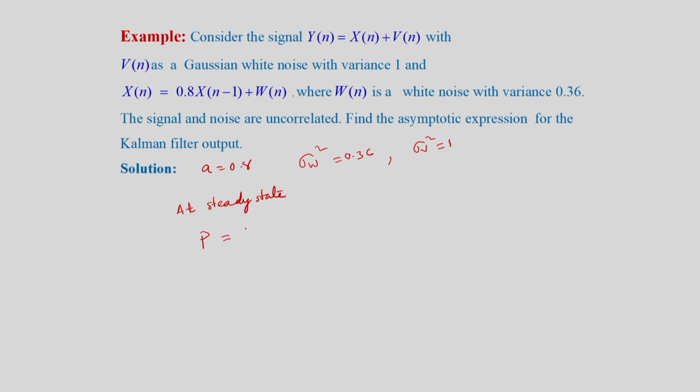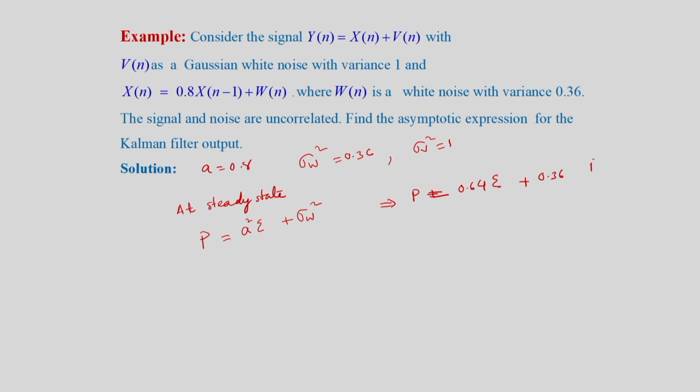So P is equal to, with a now 0.8, 0.64 into epsilon plus sigma w square, which is 0.36.